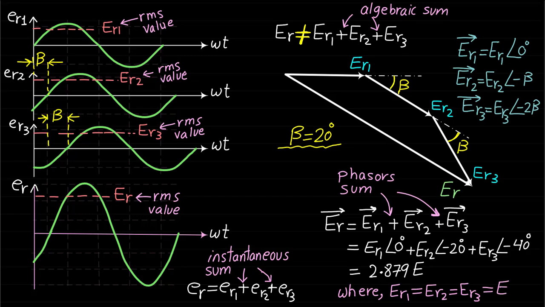It is very clear that ER will equal 2.879 E, where ER1 equals ER2 equals ER3 equals E.